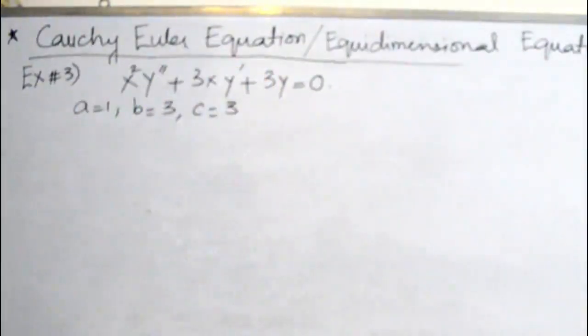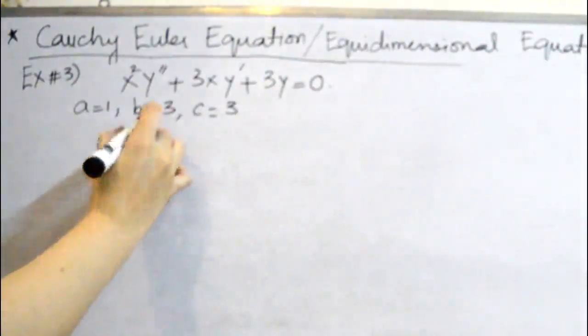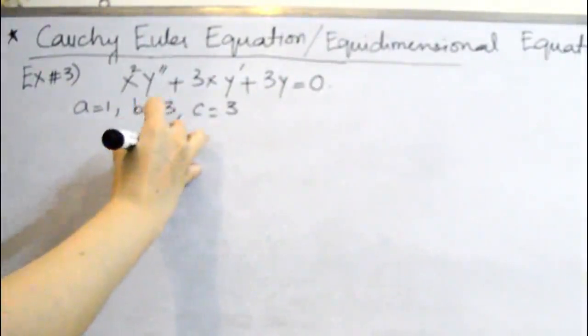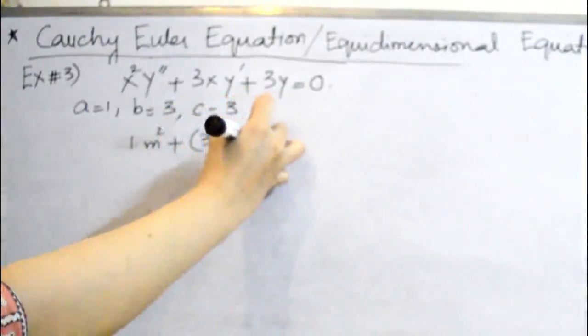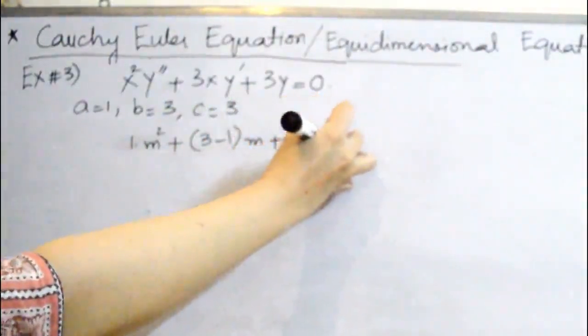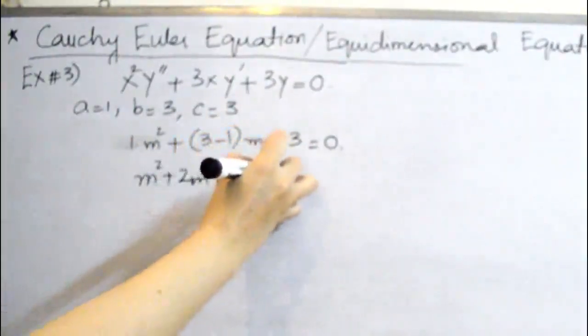So the auxiliary equation is a into m square, that is 1 into m square, plus (b minus a), 3 minus 1, into m, plus 3 equals 0. So m square plus 2m plus 3 equals 0.